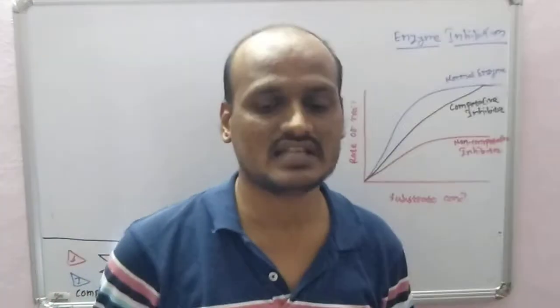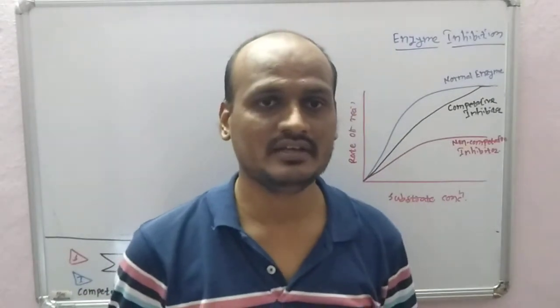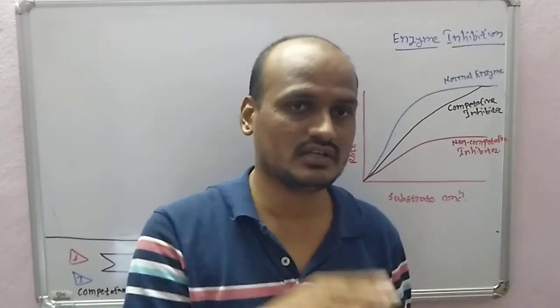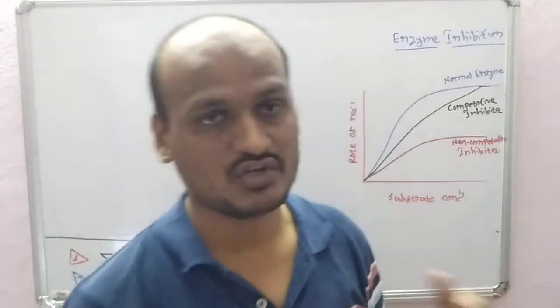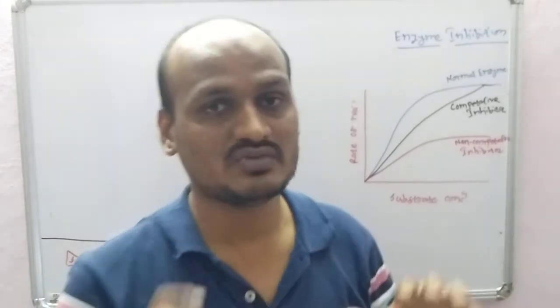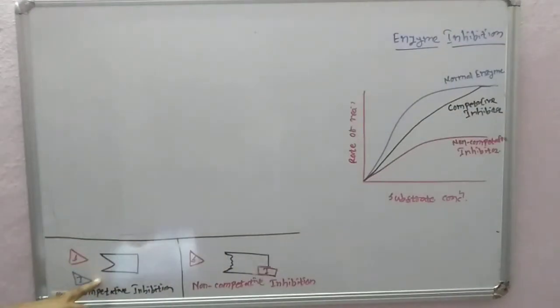Sometimes our body needs an enzyme to function properly, and other times it wants that enzyme to be inhibited. Our body itself has molecules, competitive inhibitors, which bind and mimic the substrate. For example, this is a substrate and this is an inhibitor. It is like molecular mimicry.